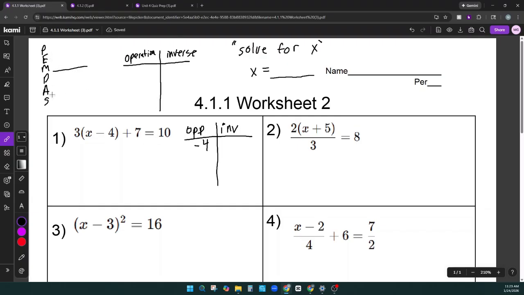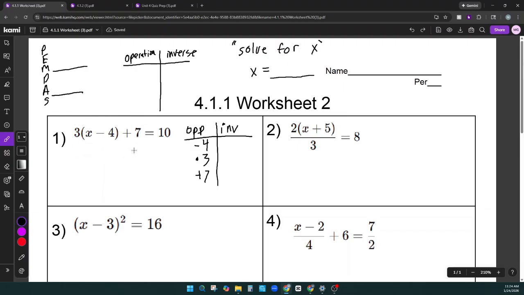Multiplication comes before addition. So that means the next operation I'm going to say affects my x is times 3, and finally plus 7. And when I think I'm done, I'm going to go through my list and make sure that all my operations are checked off. So I've done my minus 4, my times 3, and plus 7. And those are indeed all the operations that are affecting my x. There's nothing else that I need to cancel around my x.